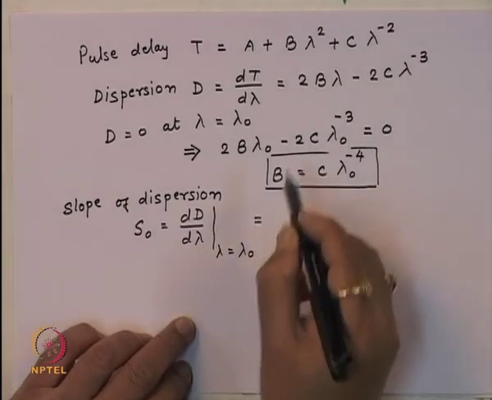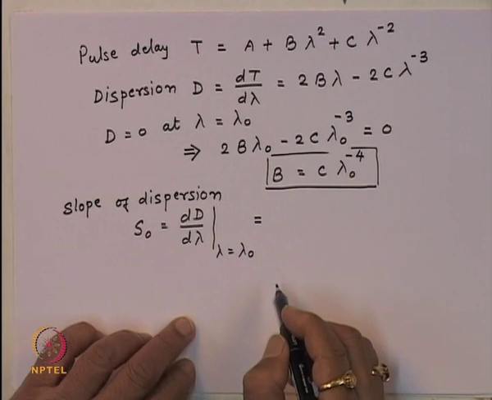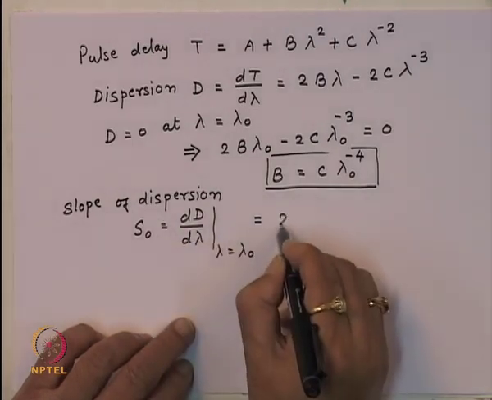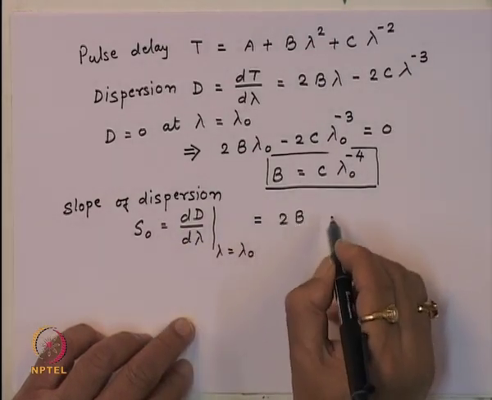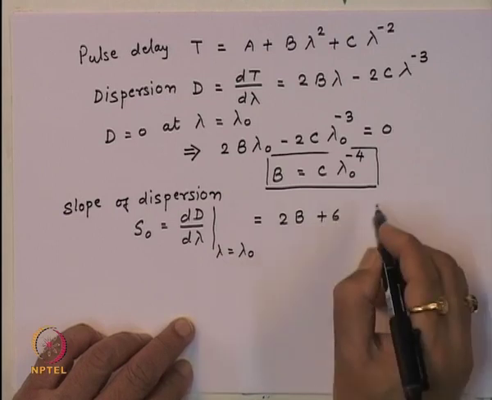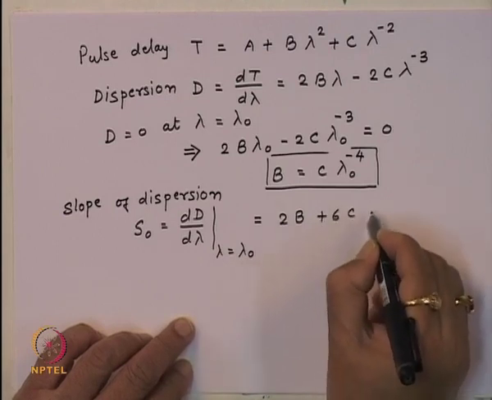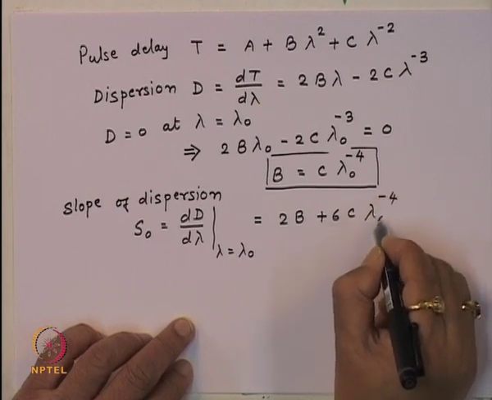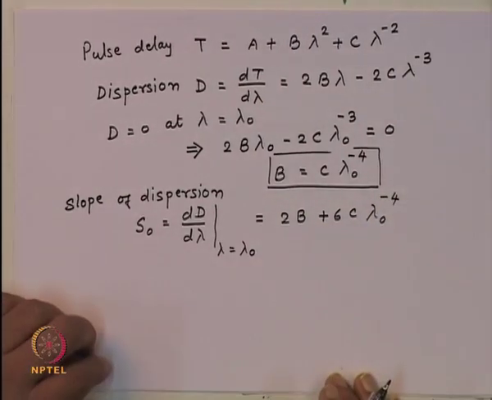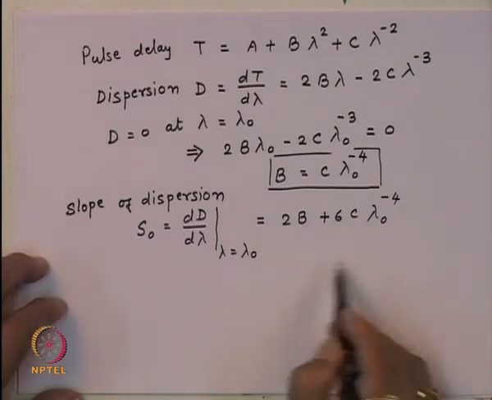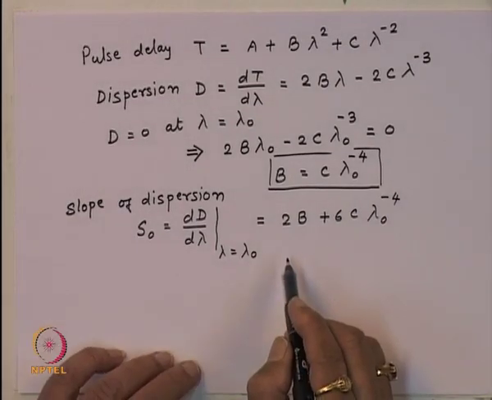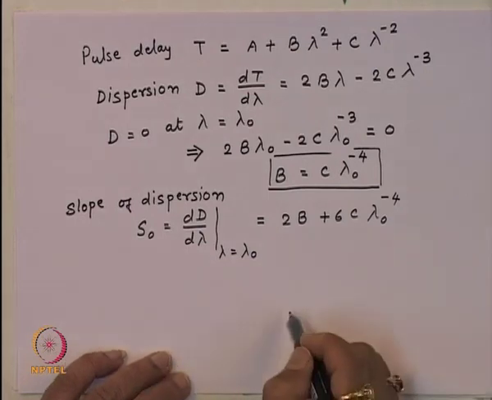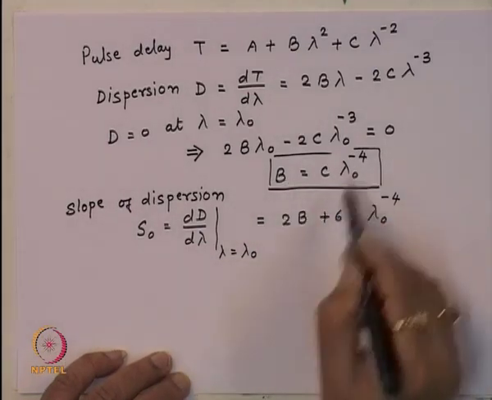If I take the derivative of this as a function of lambda, we will get 2 b plus 6 c lambda to the power minus 4, lambda naught to the power minus 4. So, from here I can substitute for b in terms of c.